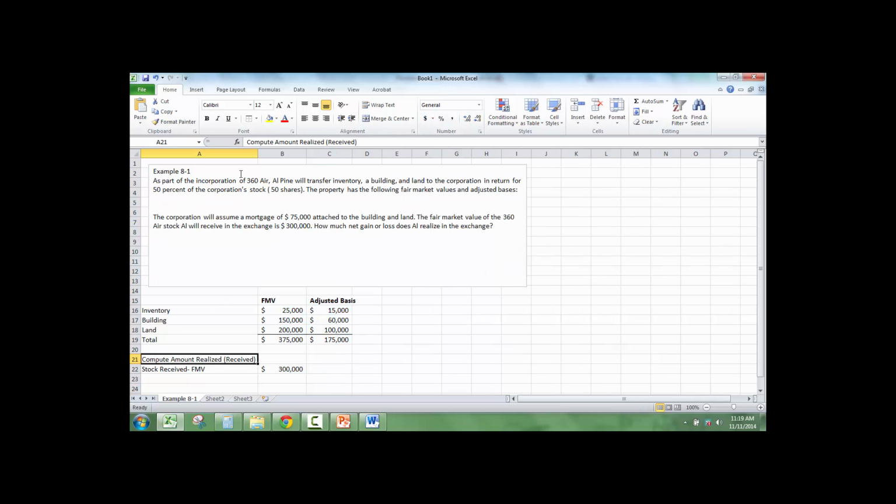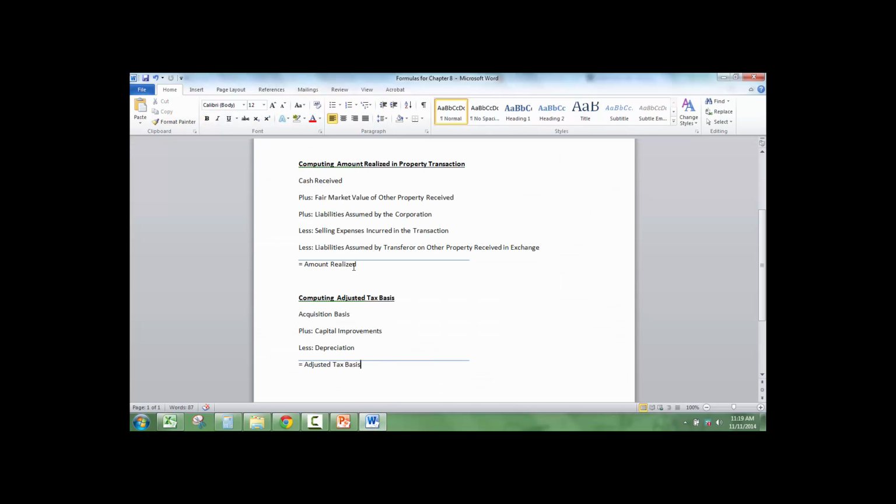So they received, and then go back here, we can check our fair market value of property received plus liabilities assumed by the corporation.